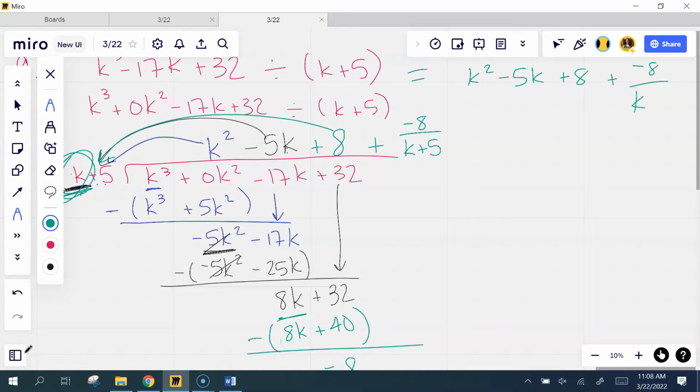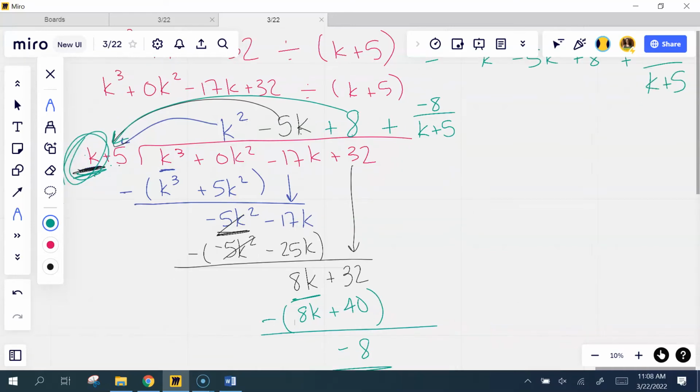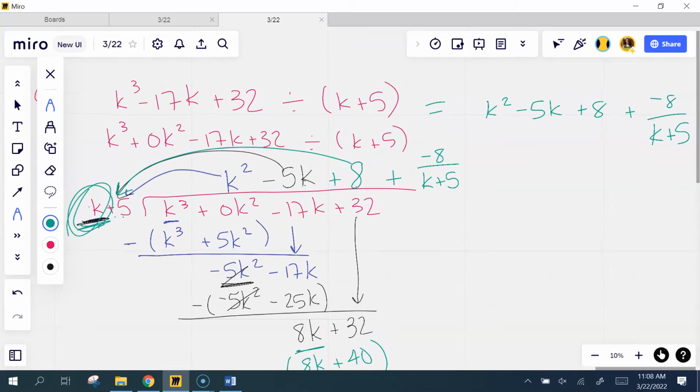Let me ask you this. Is k plus 5 a factor of that polynomial? What's it mean to be a factor? What's the basic definition of a factor? Not what we've been doing, but go all the way back to 5th grade whenever you learned about factors. What does it mean to be a factor? Okay, give it to me in division terms.